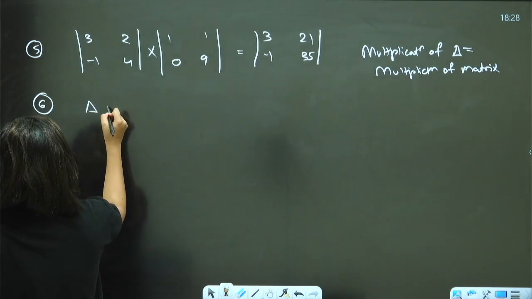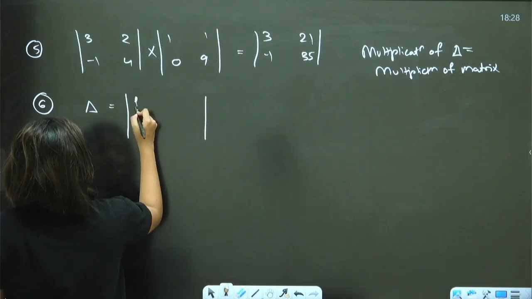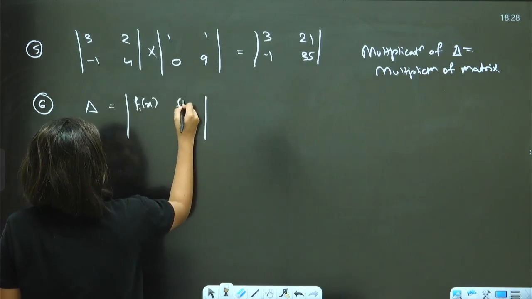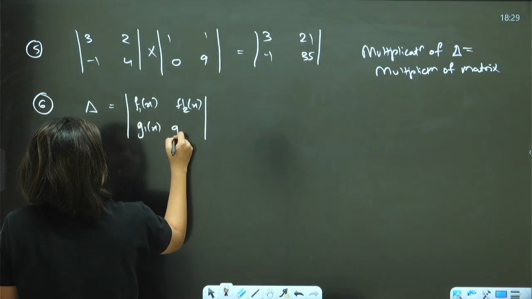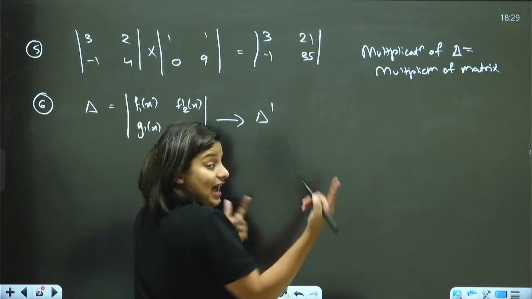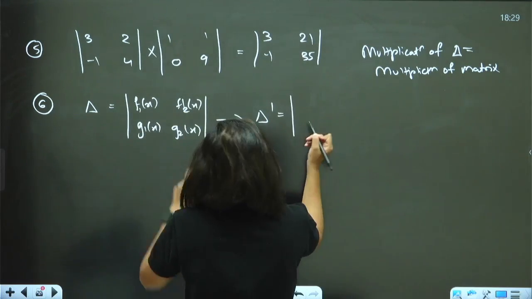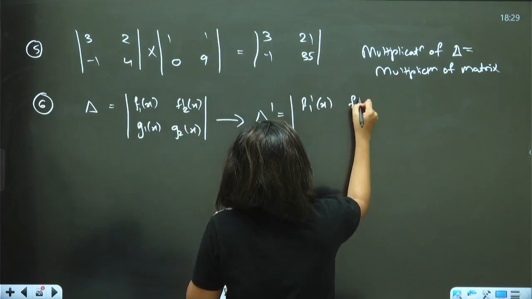Suppose a delta is given to you and you have to find its derivative. f of x, f1x, f2x, g1x, g2x. In order to find delta dash, that is first derivative, how do we do? We will take derivative of one row at a time.